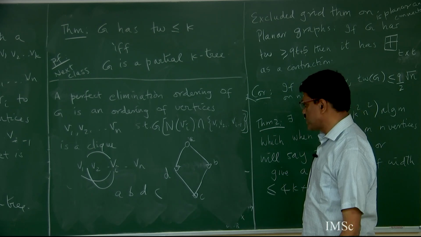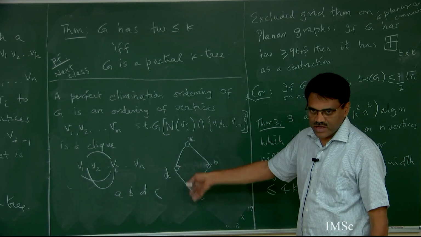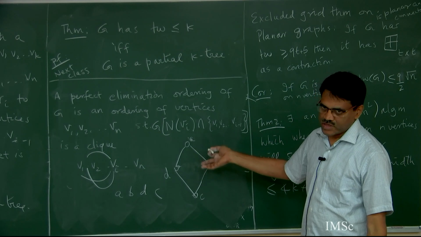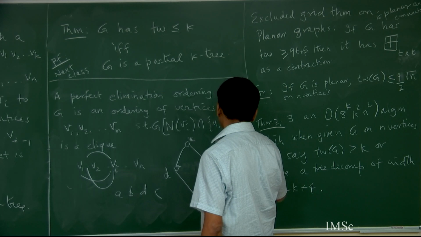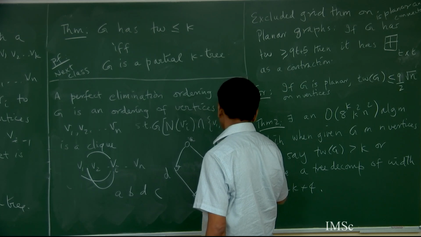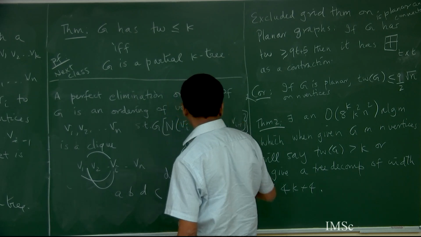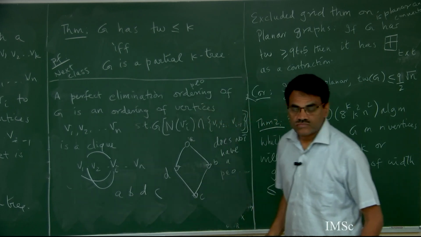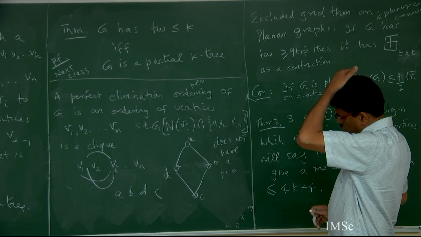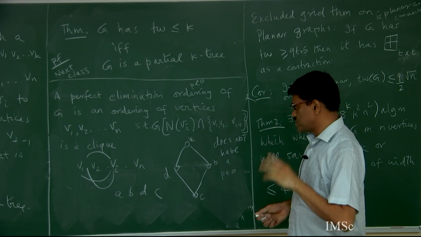The last vertex, its neighbors should be before it, and they have to be adjacent. Here, no neighbors are adjacent, so it cannot. So this does not have a PEO, as it's called. Whereas when I added that edge, it had a perfect elimination ordering.